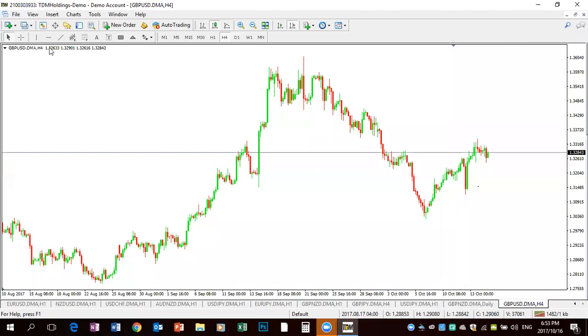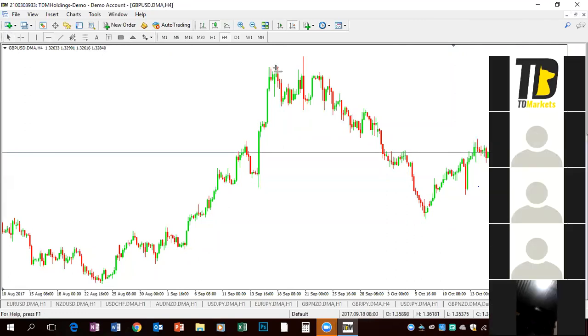Okay, the next line that I want to show you is the horizontal line. Now I will click the horizontal line and take it into my market. There.